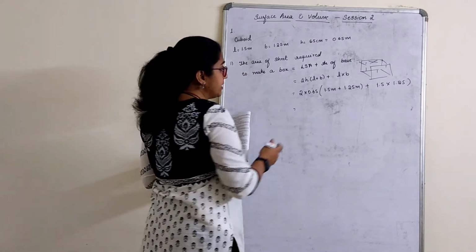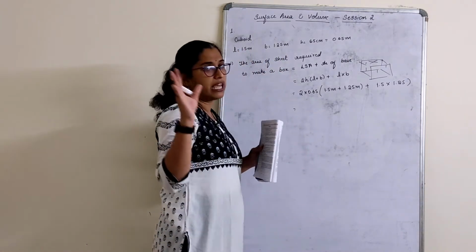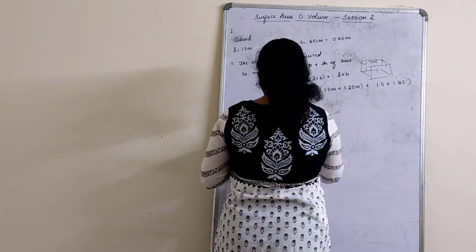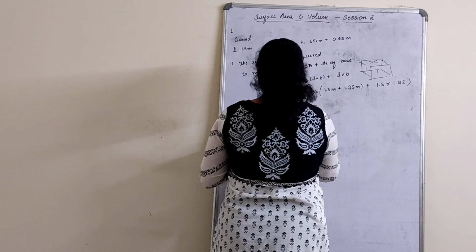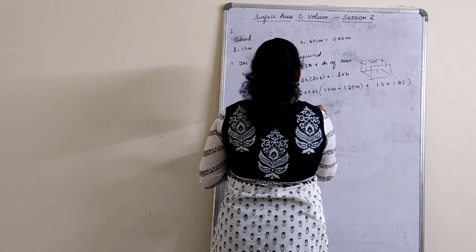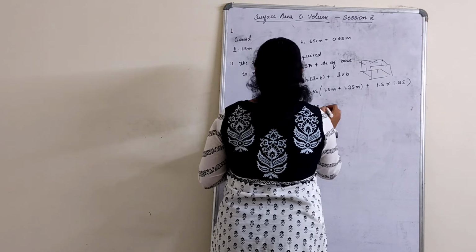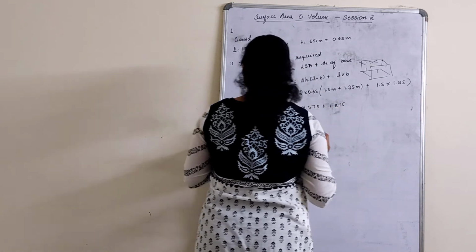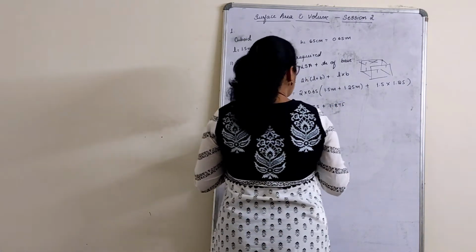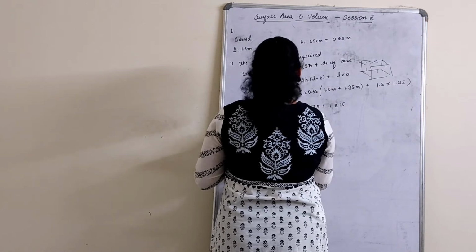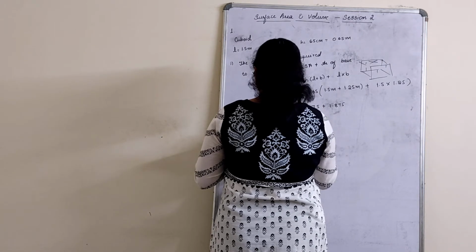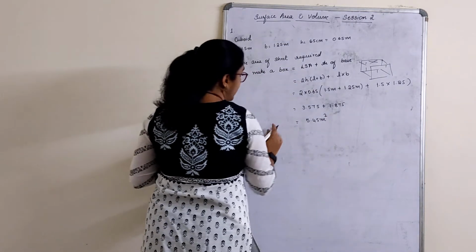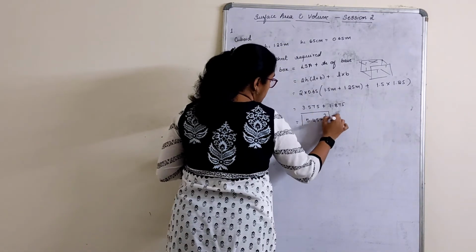I will give you a direct answer, children. Multiplication calculation I am leaving it on you, a bit part which you have to do. So this part answer will be 3.575 plus 1.875 is equal to 5.45 meters square. Area required is so much, 5.45 meter square.